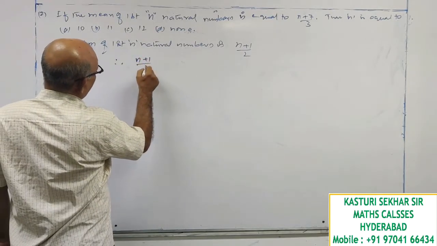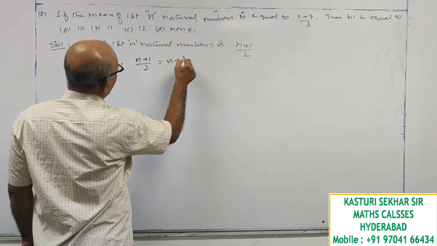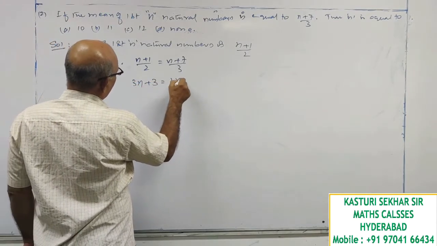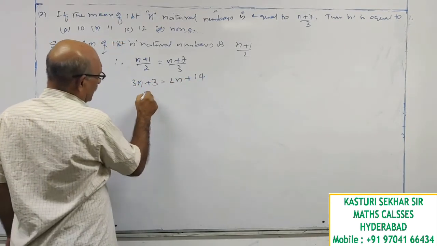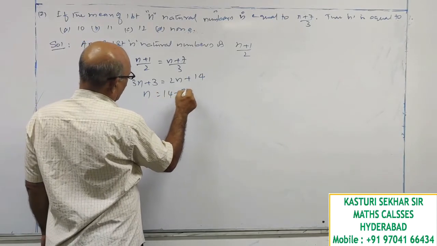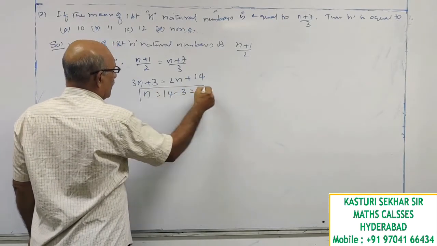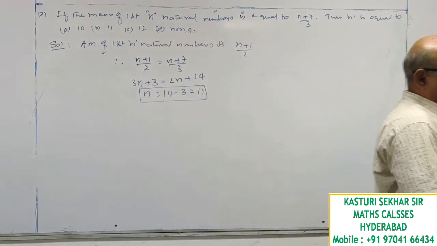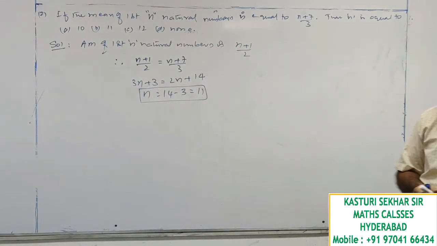Therefore, n plus 1 by 2 is equal to n plus 7 by 3. 3n plus 3 is equal to 2n plus 14. n is equal to 14 minus 3, 11. So the value of n is 11.